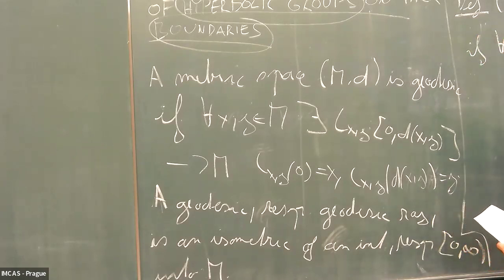For every three points X, Y, and Z, if you look at the geodesic triangle between these three points, so you take three points and connect them by geodesics and construct a triangle, the triangle is in some sense thin. Let me explain what this means. For every geodesic, delta X,Y is some geodesic connecting X and Y, delta Y,Z, and delta X,Z.